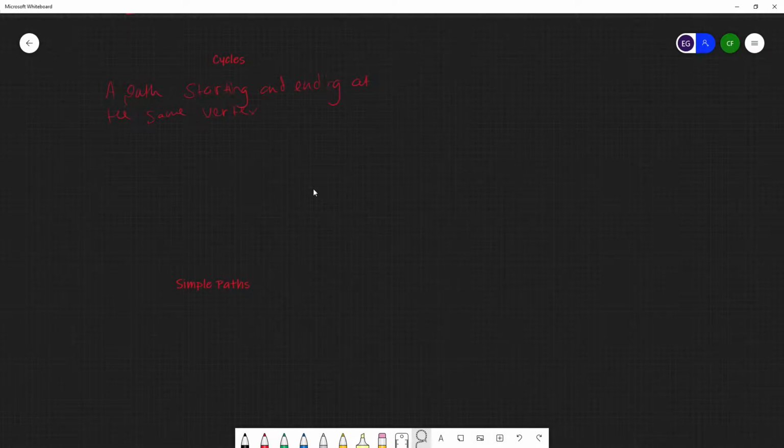So what this means is we've got the graph here again. Let's say we had the path A to B, and I'm going to make this directional just so it illustrates a point.